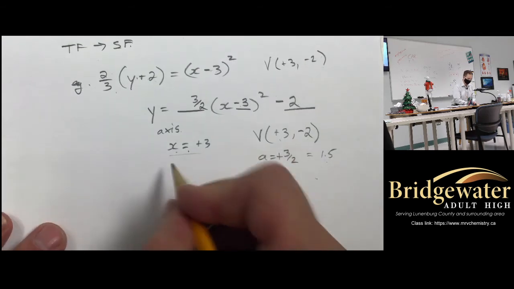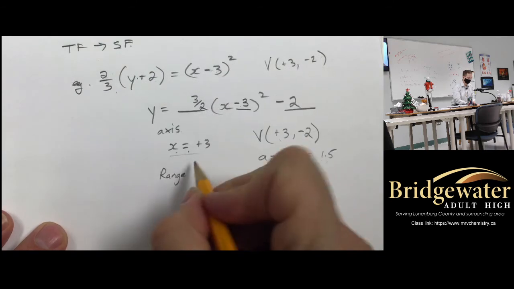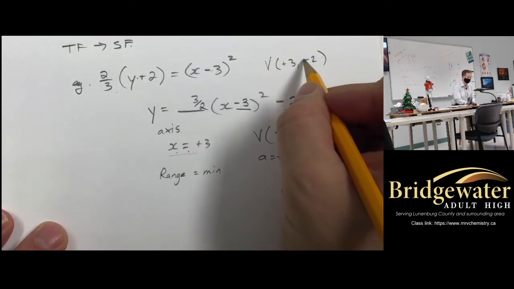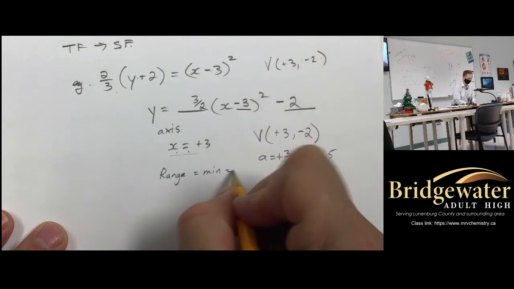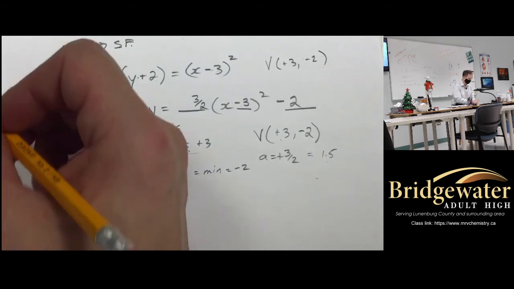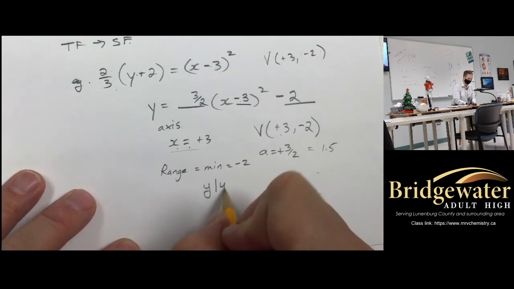What else we got? The range. Well, since this is opening up, we have a minimum. And the minimum value for Y is negative 2. We got the vertical translation. Just kind of go through the whole thing. If you really want to write the old way, it's always kind of the same thing.